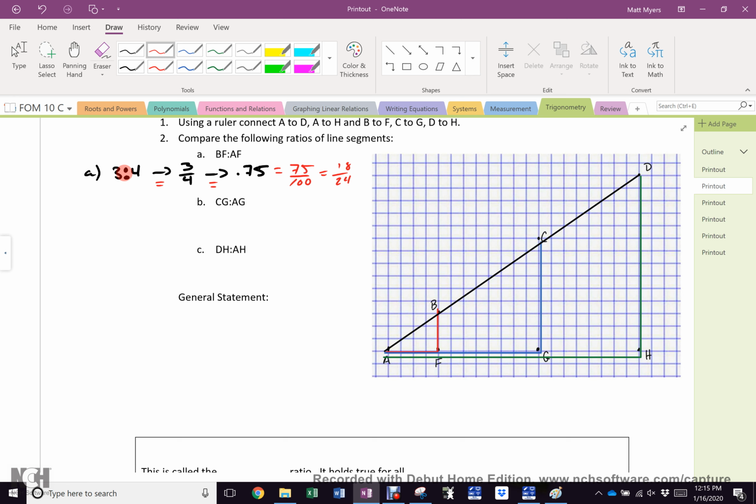Now, what if I went out and I went up, oh crap, and I put a dot right there?